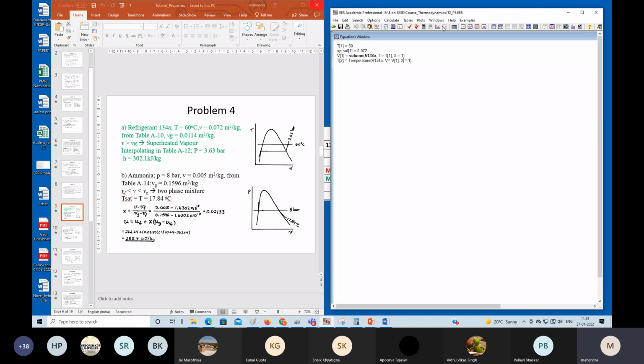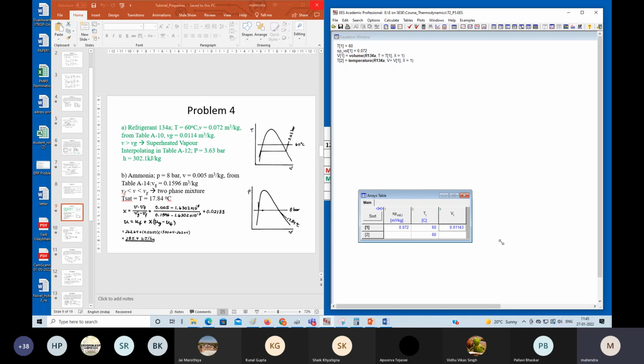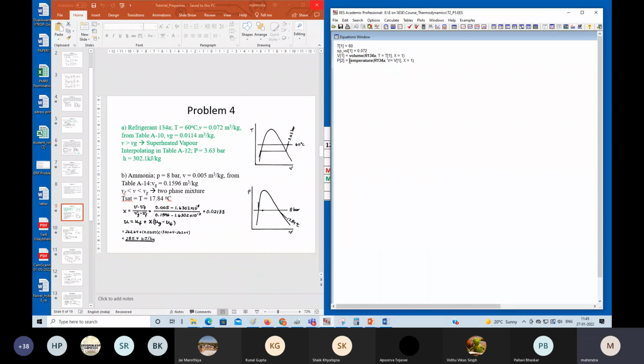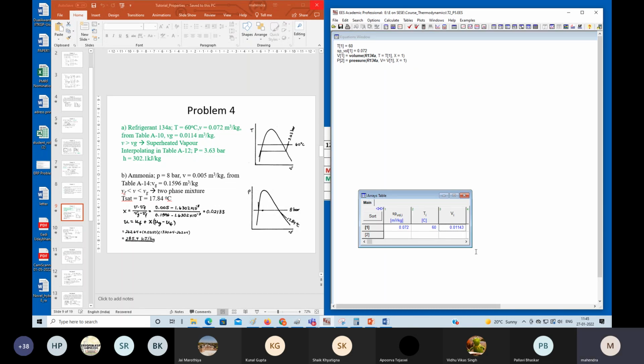Is it? Let us see. This is giving 660. We are considering even here also we have P2. What is the volume?